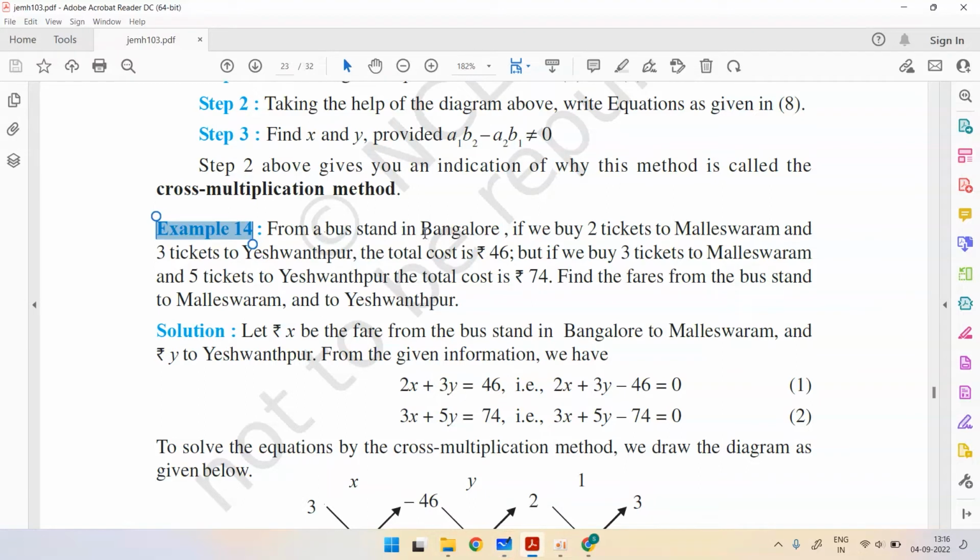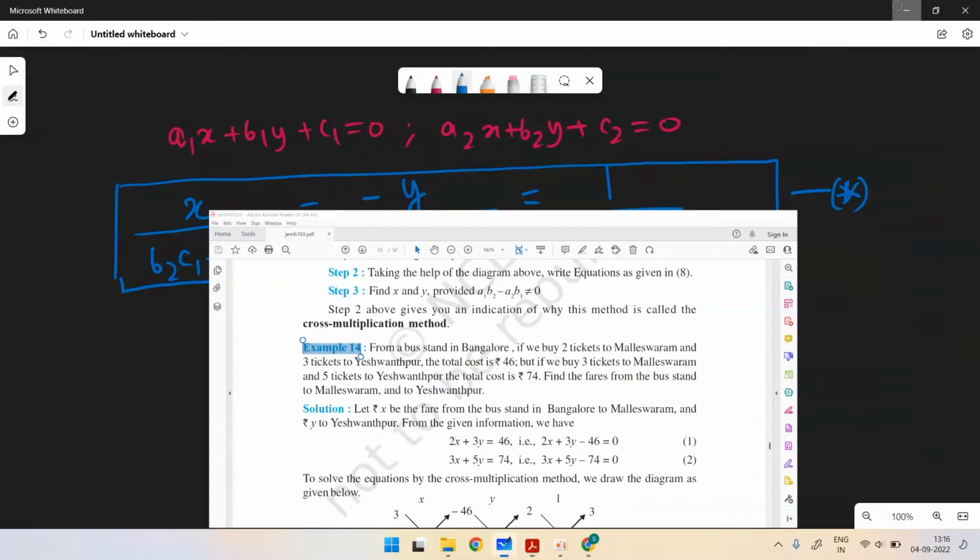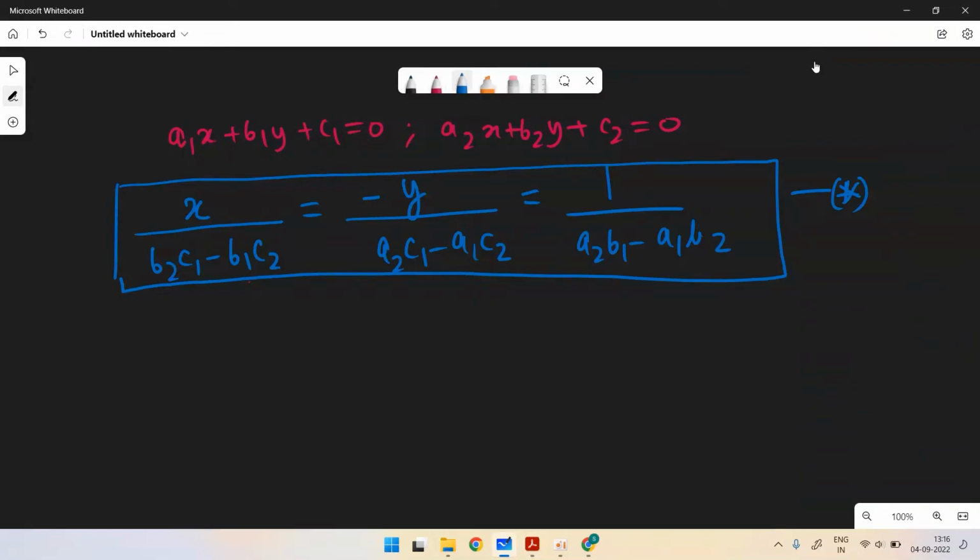From the bus stand in Bangalore, if we buy 2 tickets to Malleswaram and 3 tickets to Yeshwanthpur, the total cost is rupees 46. So I'm directly doing this.